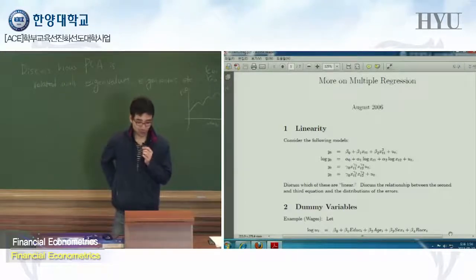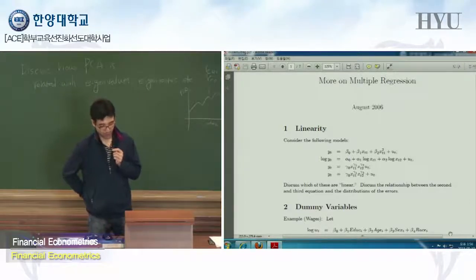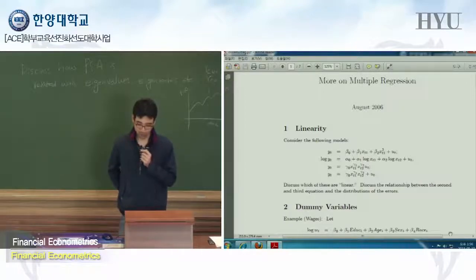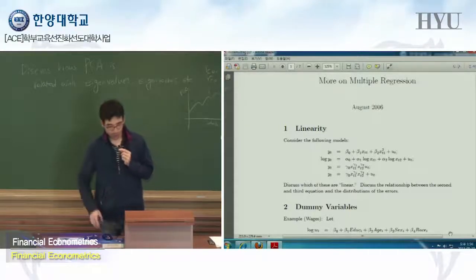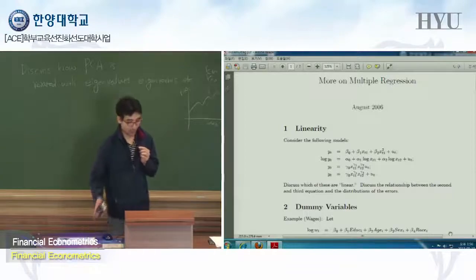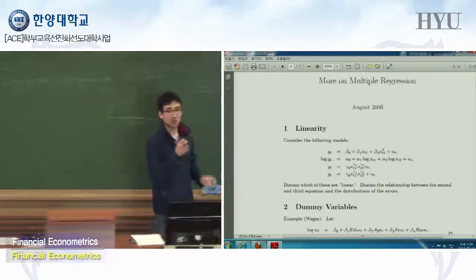We can simply run the regression as we learned, using our technique as before. Let's take a look at the second one: log y_t = α0 + α1 log x_t1 + α2 log x_t2 + u_t. Of course, it is not a linear model, because we have log functions. But again, we can regard the second equation as a linear model too.